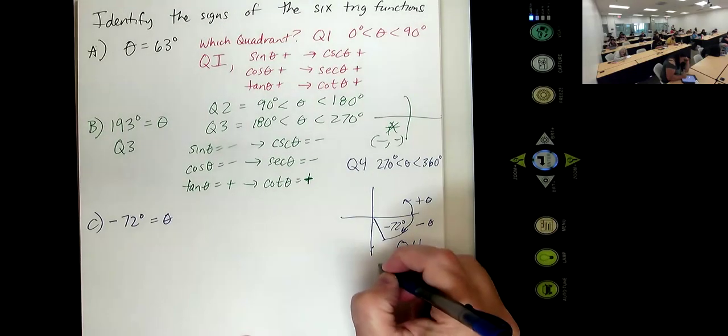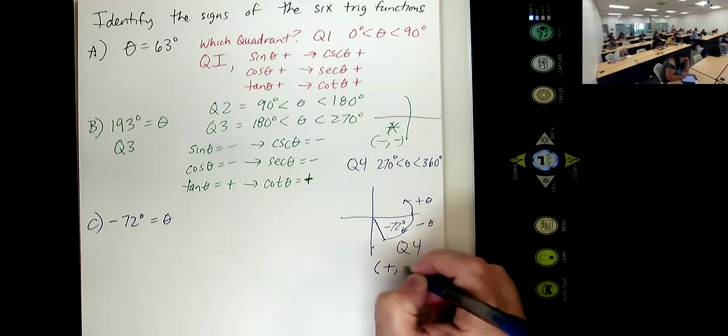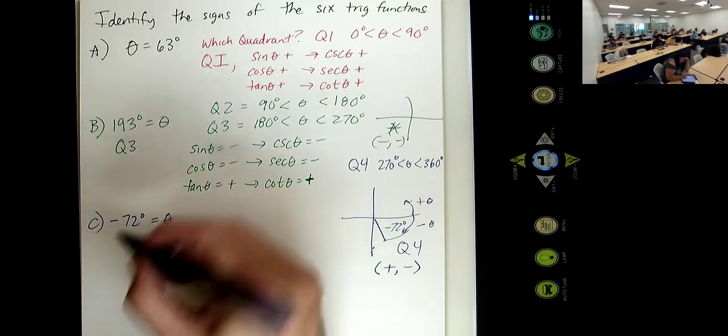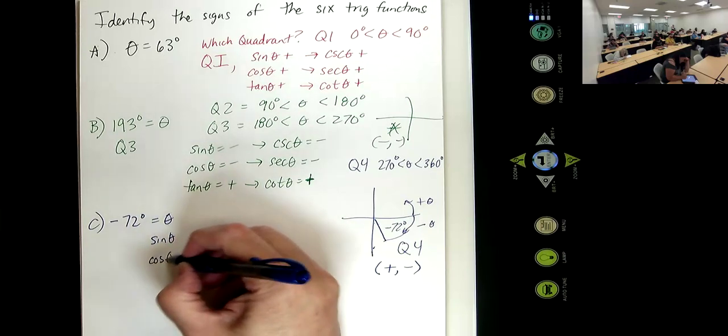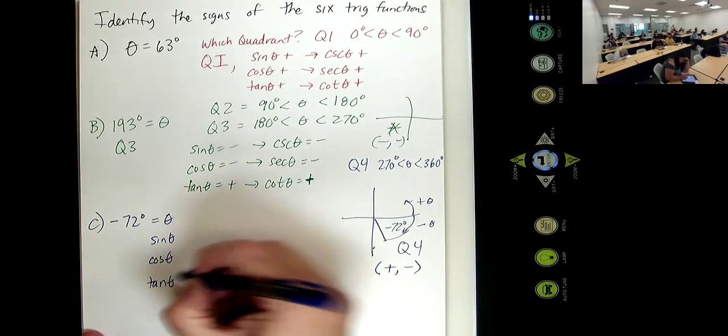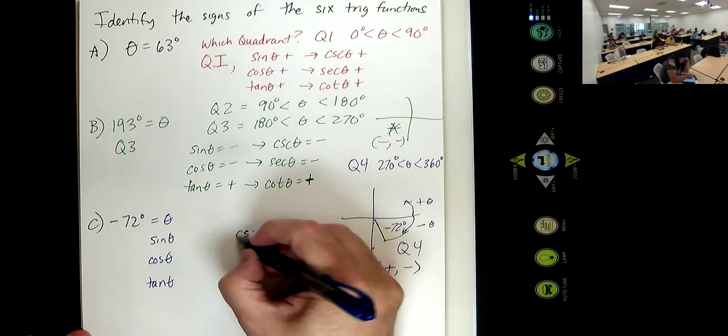That's a reminder. Over on that quadrant, x is positive and y is negative. So sine theta, cosine theta, tangent theta, just writing them all out real quick.